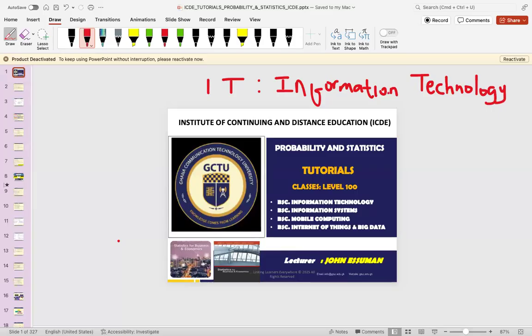So information technology, two words joined together. Now, if we check into details, we need to find out what information is and then what technology is.